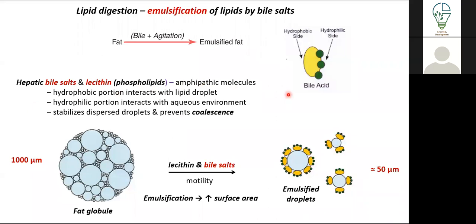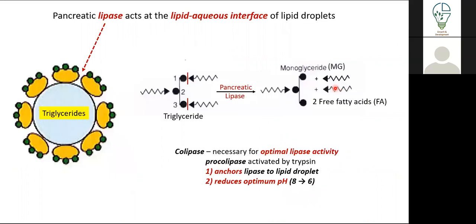So that is emulsification, and it's done by bile salts and lecithin. Lecithin is a phospholipid. Now the next step. The lipases can go to the interface and cut it down, and of course, the pancreatic lipases require colipase. What does colipase do?